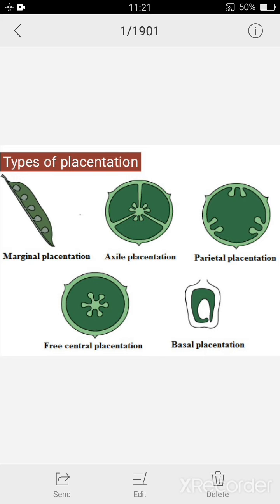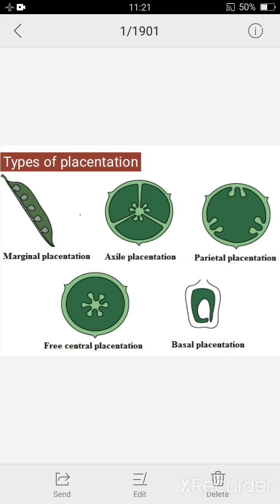In each chamber, how many ovules are there? 2 are there. Hope you are seeing the diagram on the screen. So there are 3 chambers. Those 3 chambers are called locules, more than one in number, right? So that's why it is called a multilocular ovary. The placentation is said to be axial placentation.